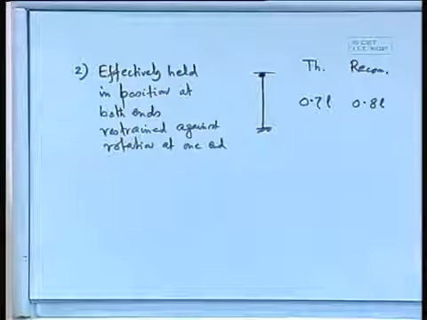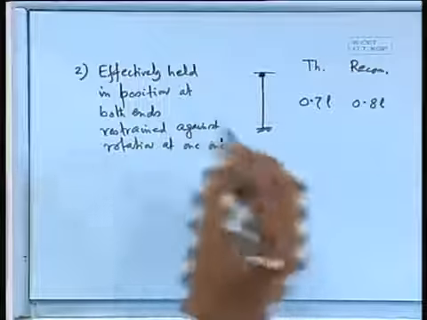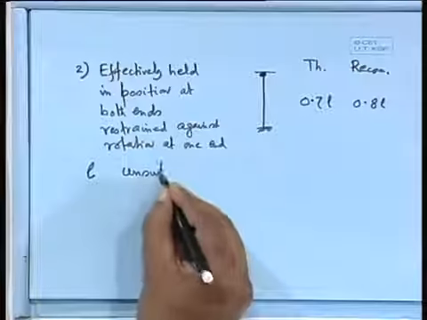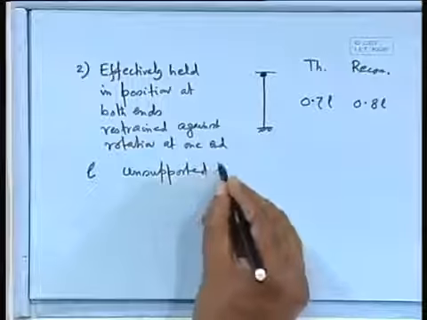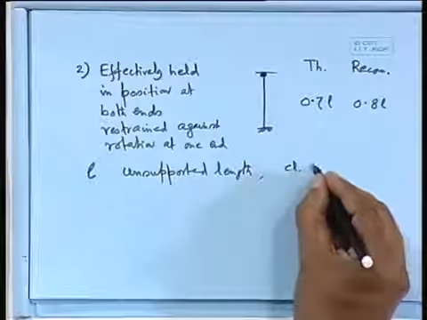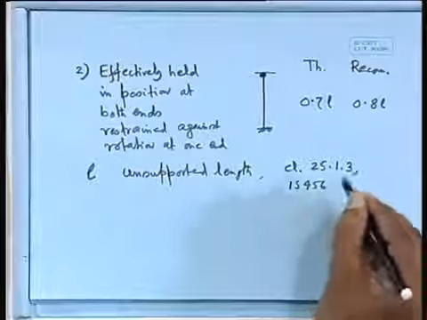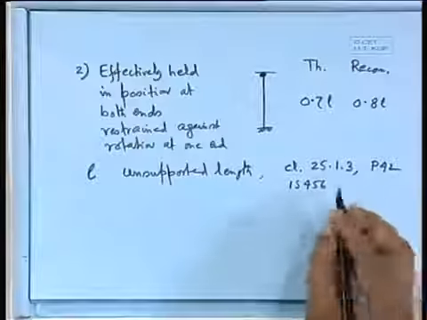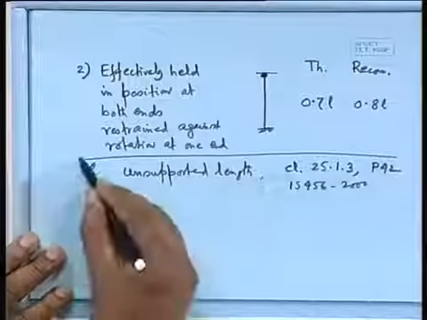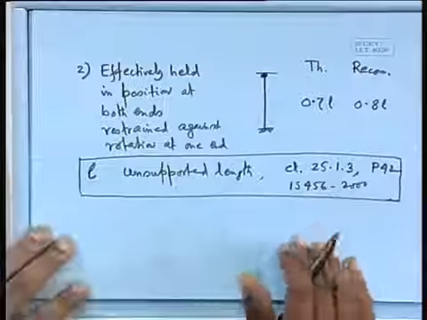Unsupported length, let me write down here: unsupported length L. You will get it in clause 25.1.3 of IS 456, page 42, IS 456-2000. You will get the unsupported length specifically in this clause.